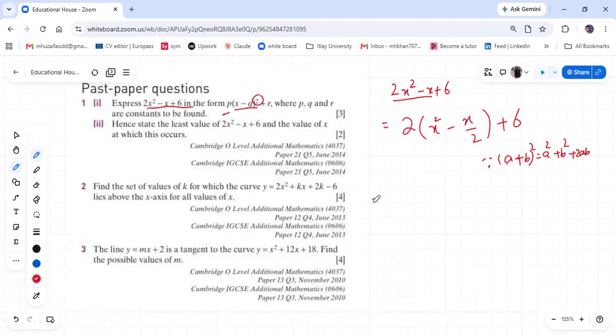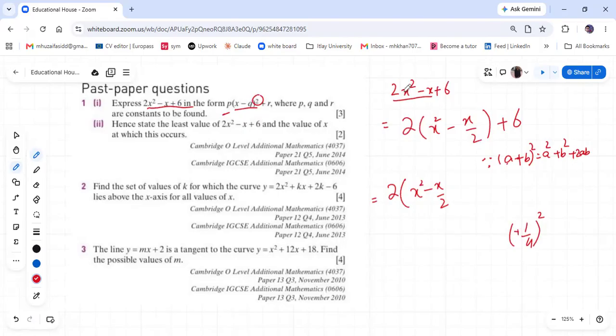So in this situation, this is our x squared minus x over 2. It means our x minus 1 over 4 whole square we can add.